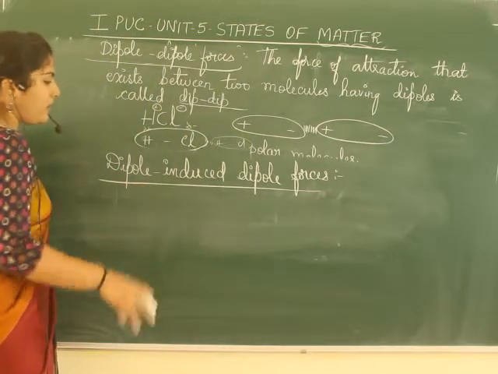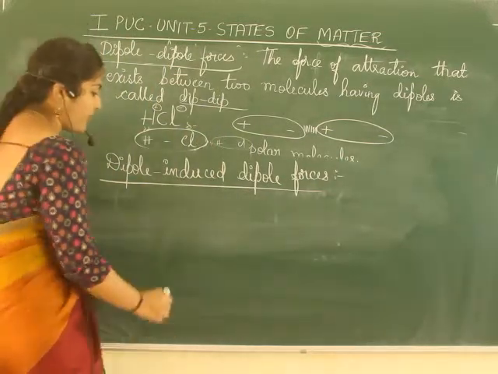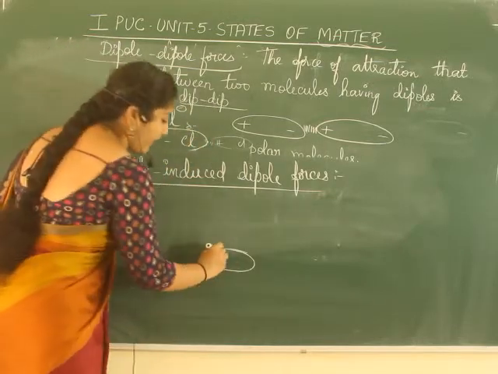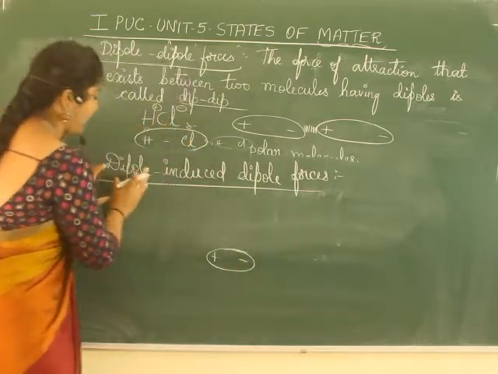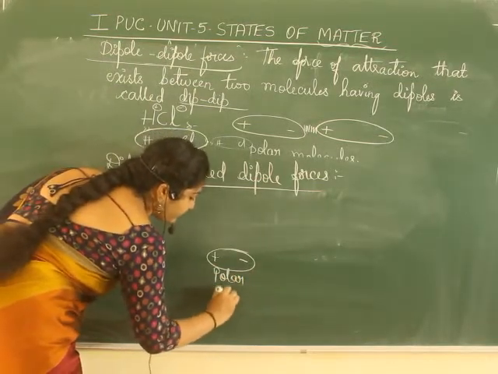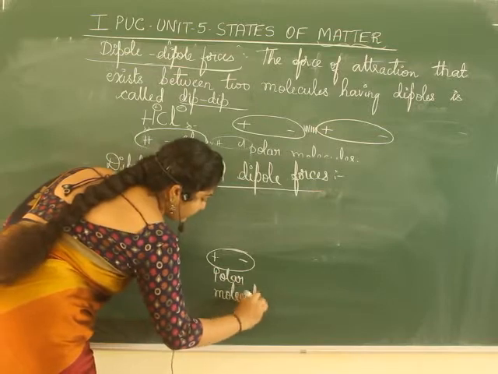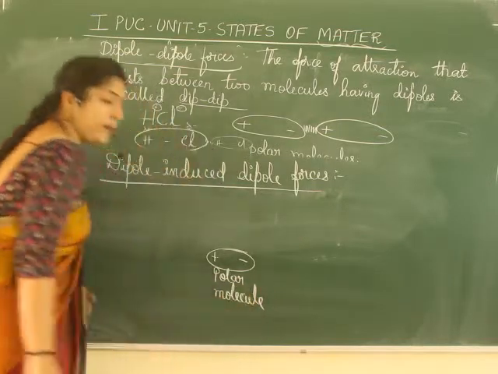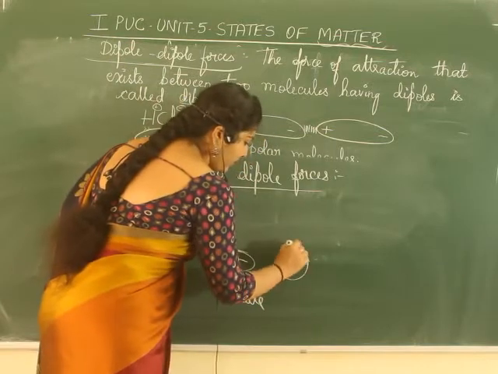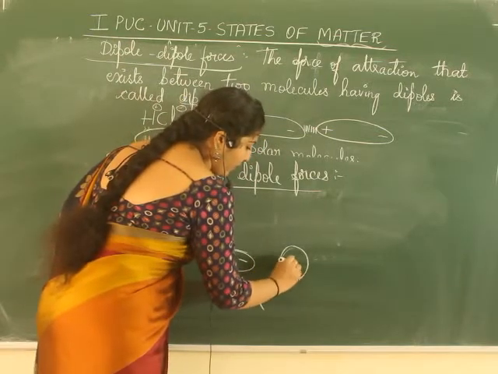Here what happens, I'll give you the definition, do not worry. One will be a polar molecule already. One will have a dipole, this one, the polar molecule. The other molecule will be a non-polar one, say plus.